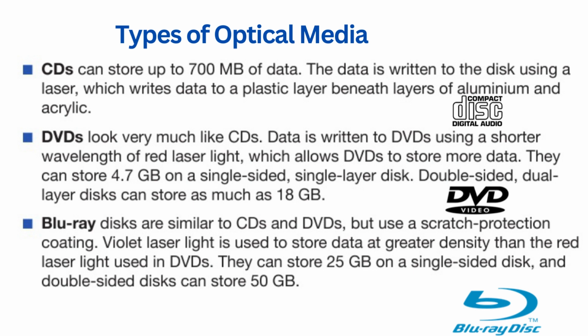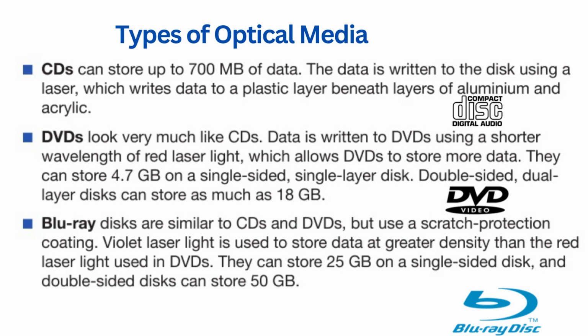If we take CDs, data is written using laser and can store up to about 700 MBs. And if we take DVDs, data is written using red laser light, and because of that, it allows to store more data, up to 7 GB on a single side and up to 18 GB on both sides.